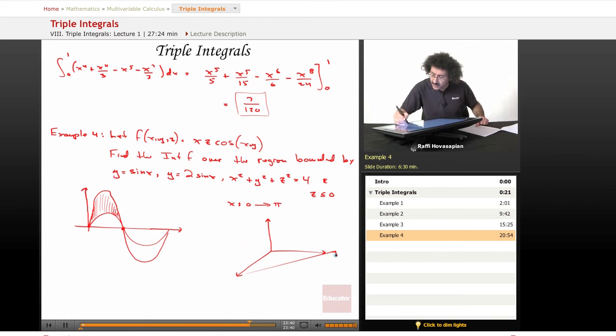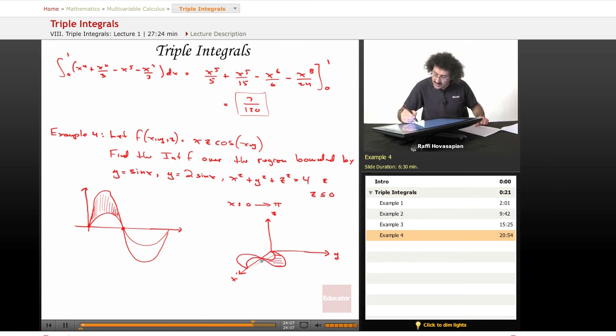So remember, this is x, this is y, this is z. So y equals sine x, and that's sine 2x, so this is the region.